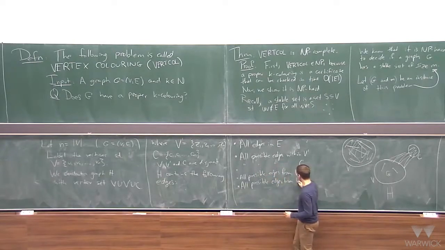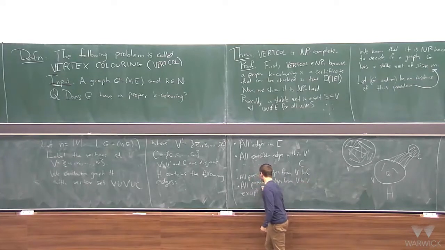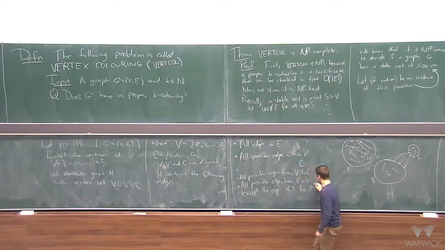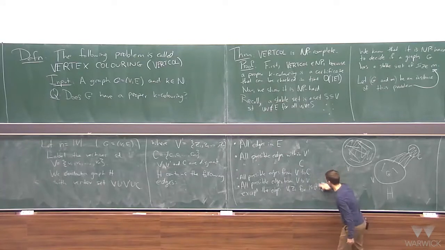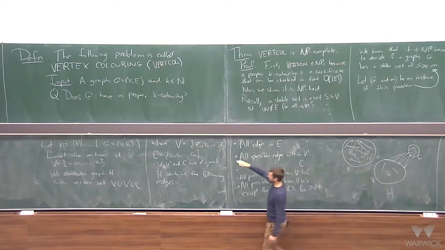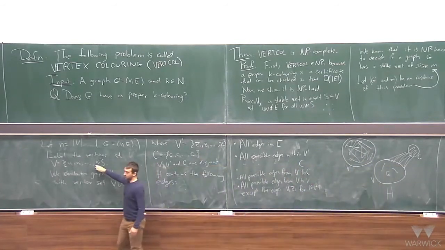the edges which go from Vi to Zi for each i, up to n. Between here and here, the number of vertices is the same, and I've labeled the vertices Z1 up to Zn, V1 up to Vn.